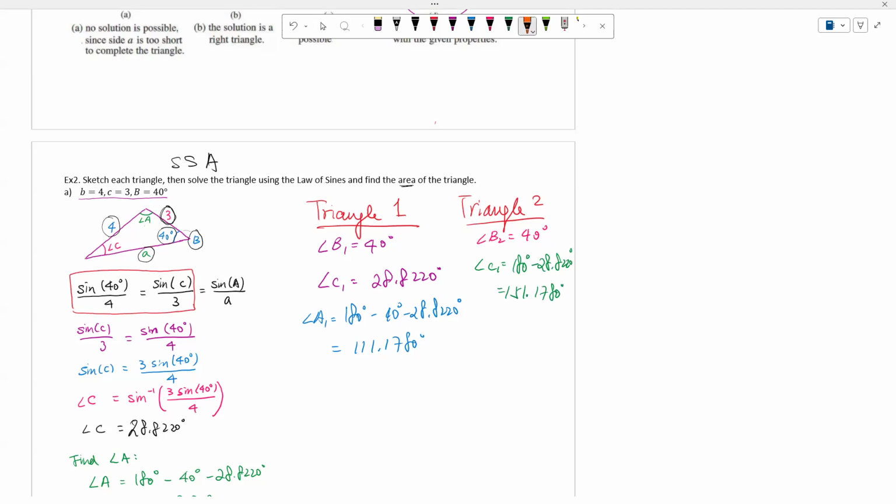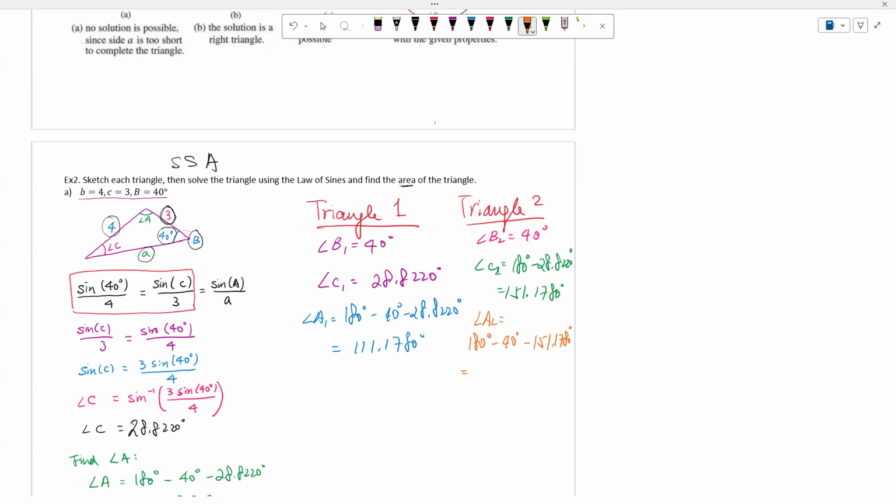So notice the sum of angle B and angle C for triangle number 2 is actually more than 180, isn't it? So if it is more than 180, meaning what? Angle A sub 2 must be negative because again, it is equal to 180 minus 40 minus 151.1780, right?